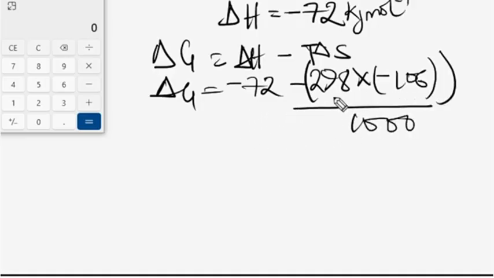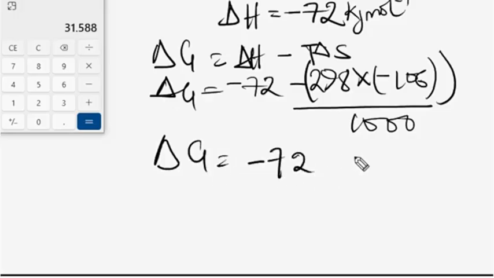So with this, when we have 298 times 106, and you divide by 1000, you're going to have 31.59. So delta G is going to be negative 72, then minus, remember this is going to be negative because of the negative value here, so negative 31.59.